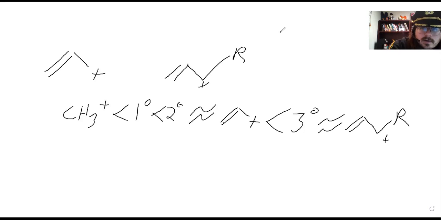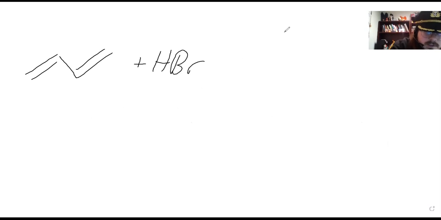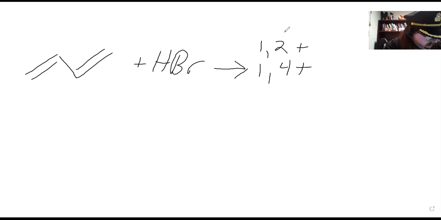When you add hydrobromic acid to this structure, if I take this with HBr, you're going to see both 1,2 and also 1,4 addition. So you're going to get two products.